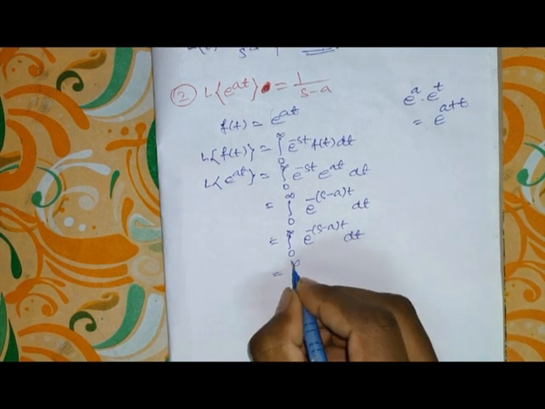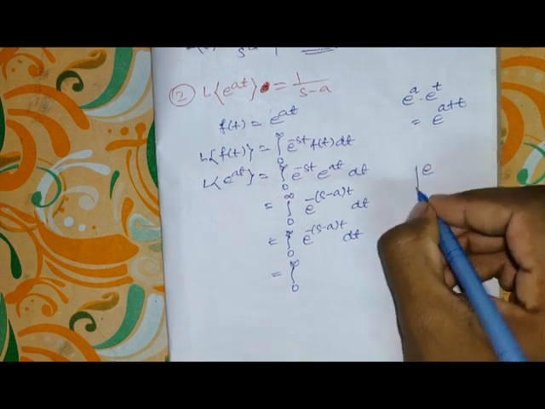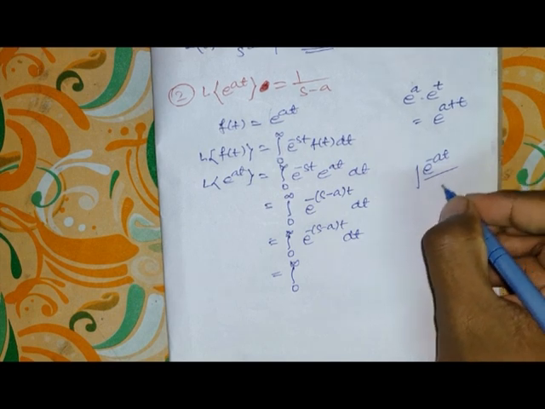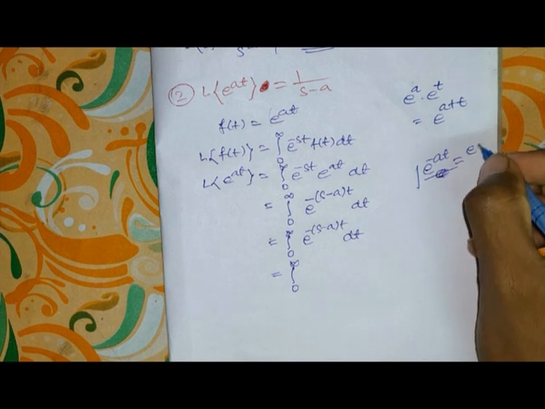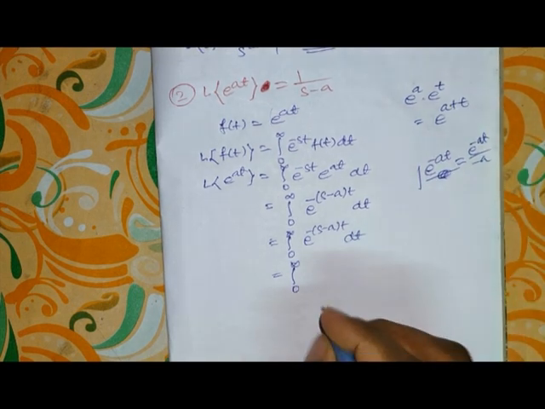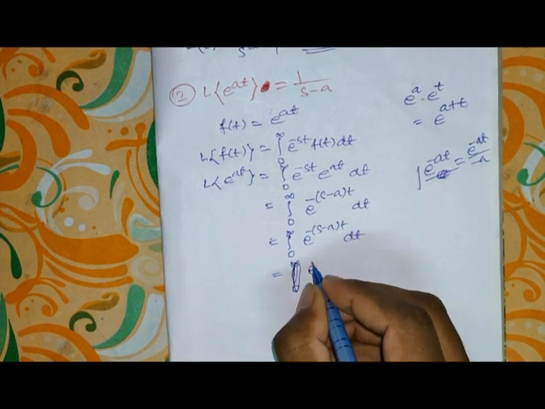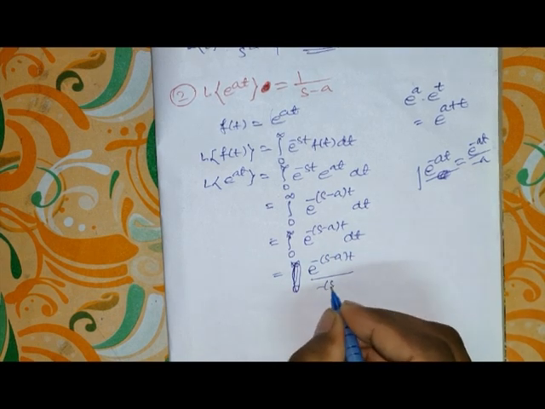In 0 to infinity, we know the formula, e^(-at) integrates to e^(-at) by minus a. This is the formula, and now we are going to write that. It will come, e^(-(s-a)t) by minus (s-a).